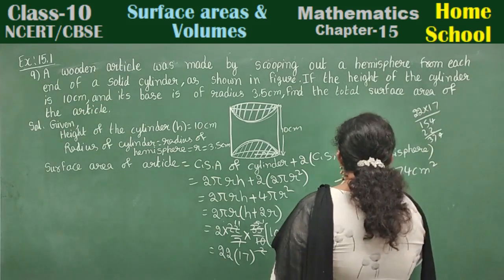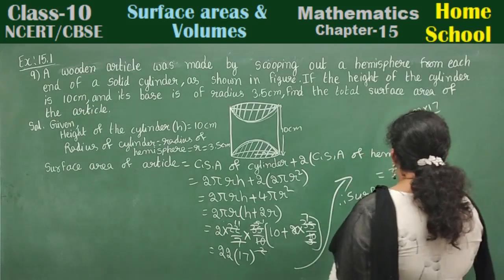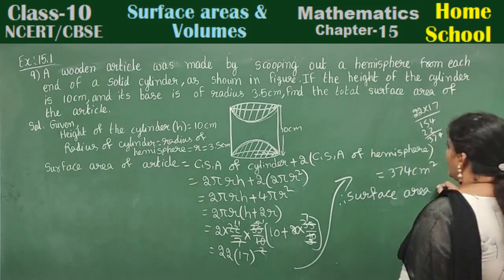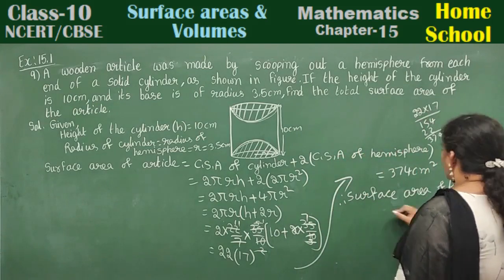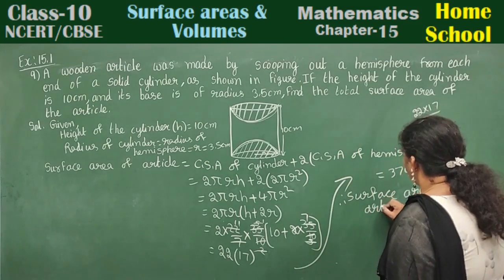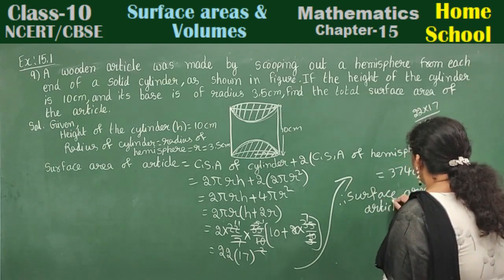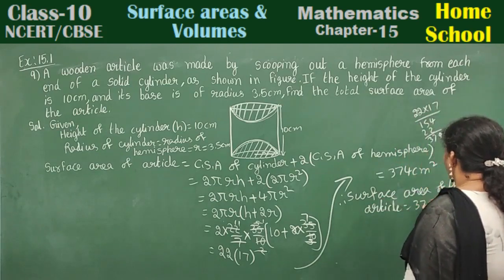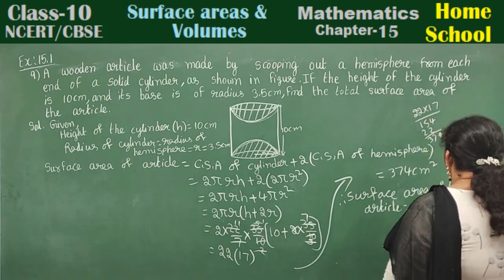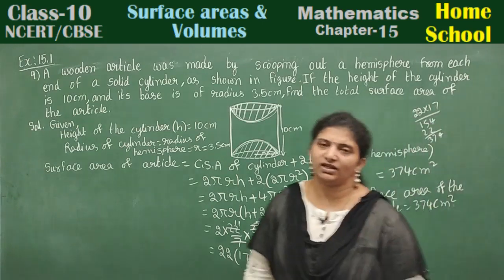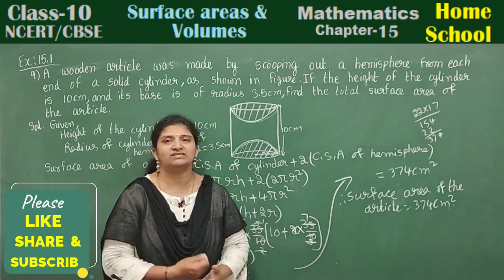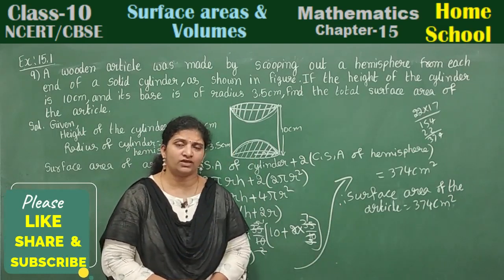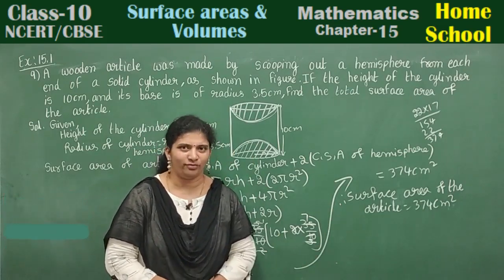Therefore, the surface area of the article is equal to 374 square centimeters, the surface area of the article so formed.